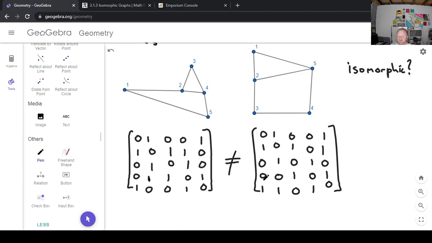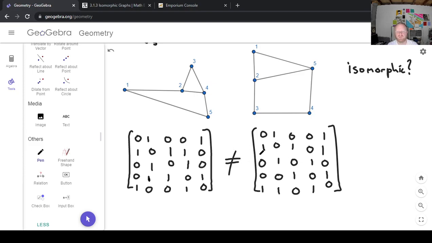Just in this column, for example, 1 0 0 1 0, and we've got 1 1 0 1 0. So these two are not going to be the same. But that doesn't necessarily mean that these aren't isomorphic. It's possible that if we labeled this a different way, we would get an adjacency matrix that was the same for both of these.